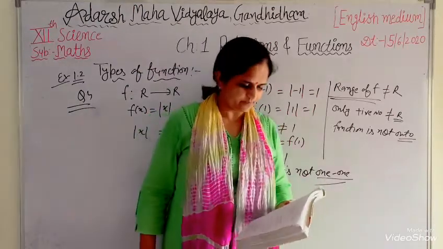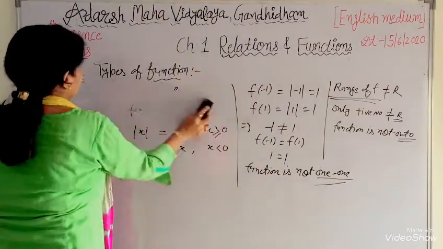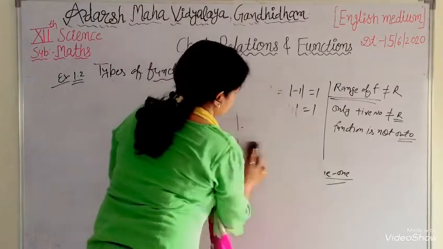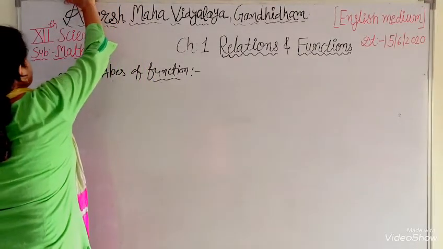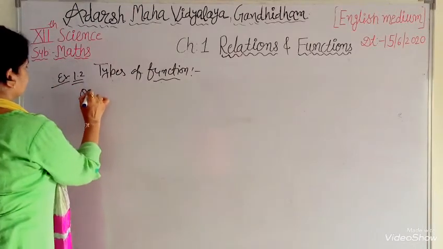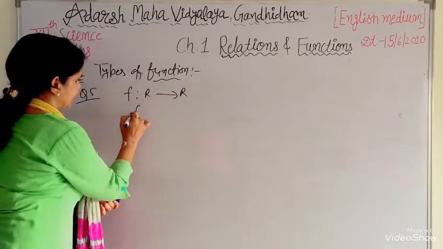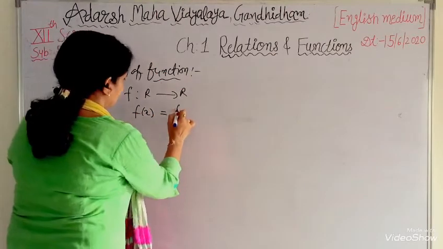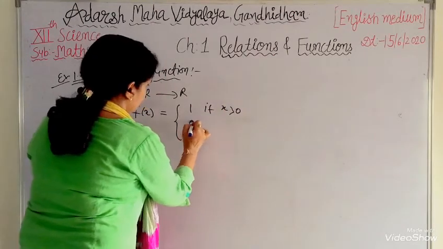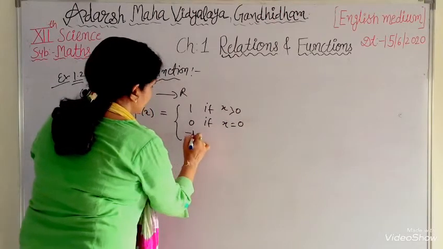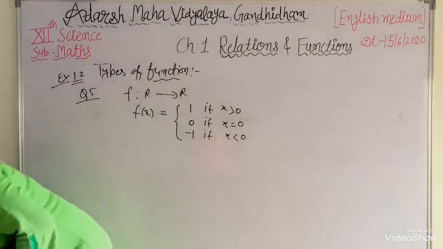Now the next question, student. The question is: show that the signum function f from R to R, defined as f(x) equals 1 if x is greater than 0, 0 if x is equal to 0, and minus 1 if x is less than 0, is neither one-one nor onto.